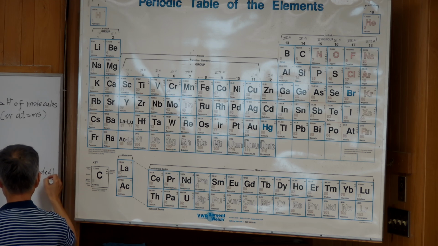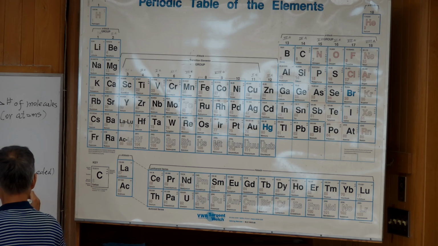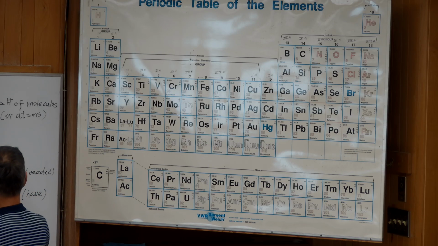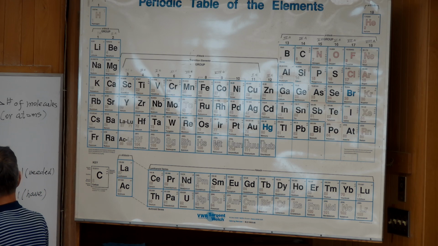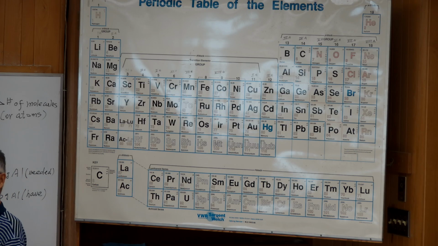Then how much do we have? 16. We need 19.5, but we only have 16. What does this mean? Yes, aluminum is the limiting reagent. It's not enough, right? So Al is the limiting reagent.